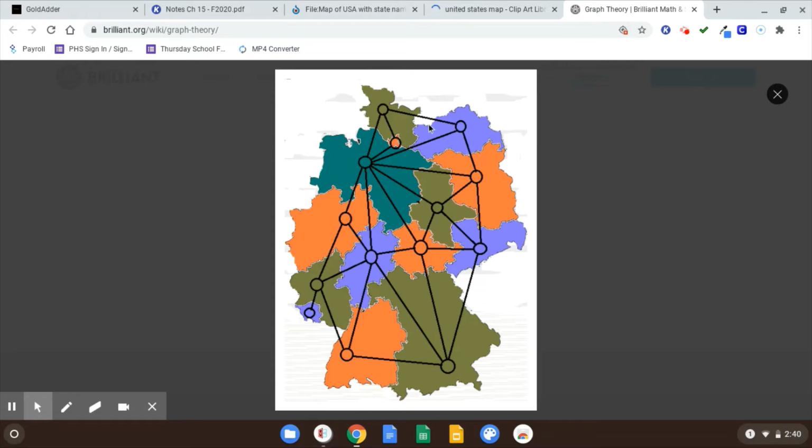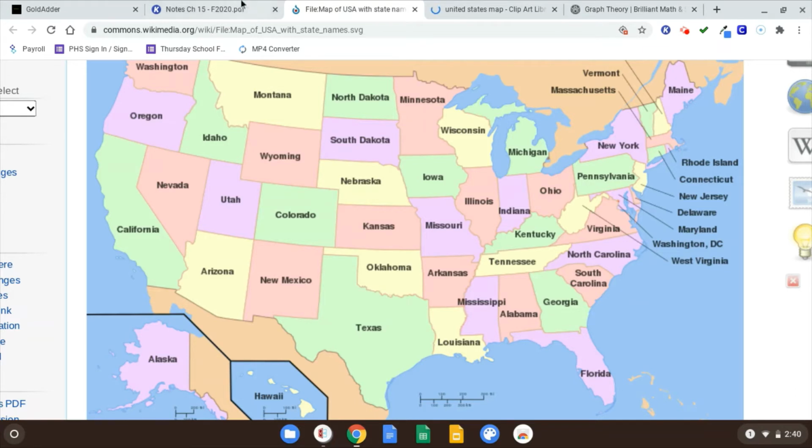So what you can do is make a graph out of whatever map you're looking at, and each country or state would be a vertex, and you would show the border with an edge. So this edge represents these two countries touching each other. So we're going to use graph theory and an idea called graph coloring to figure out how they answered that question.